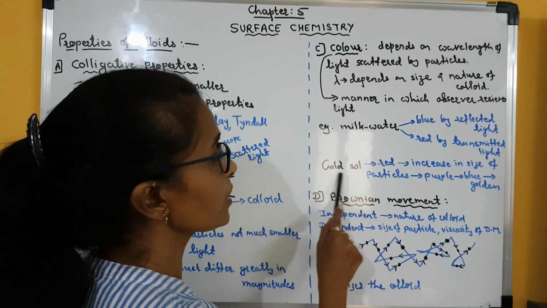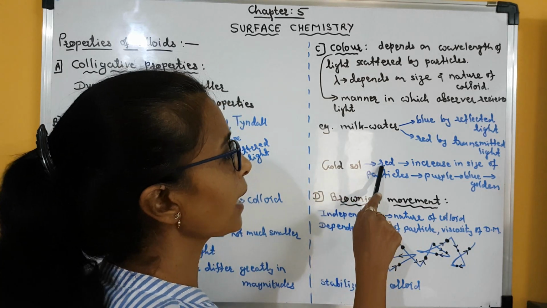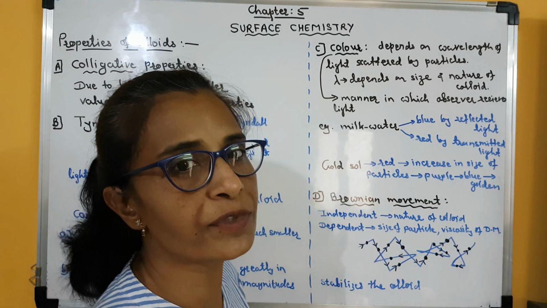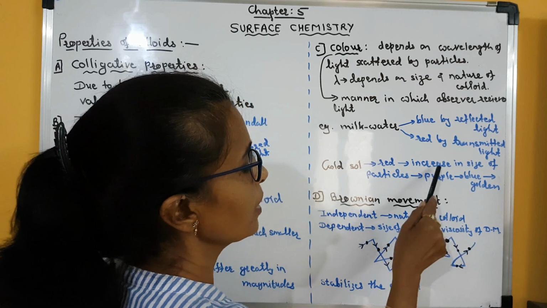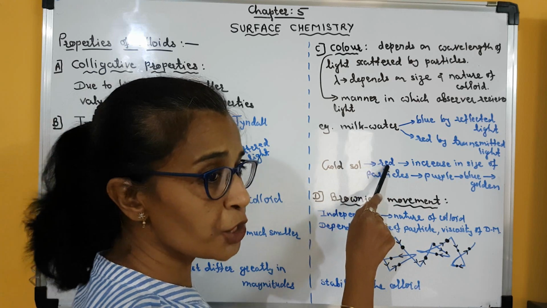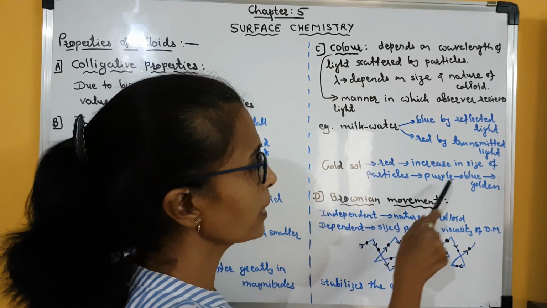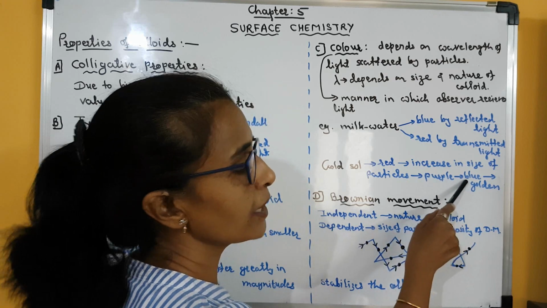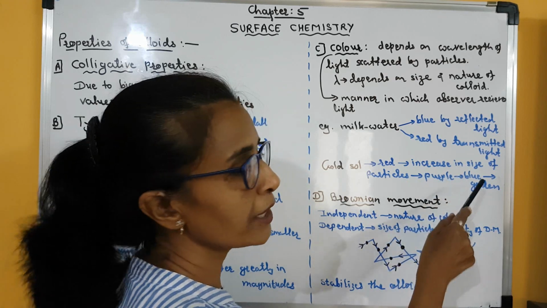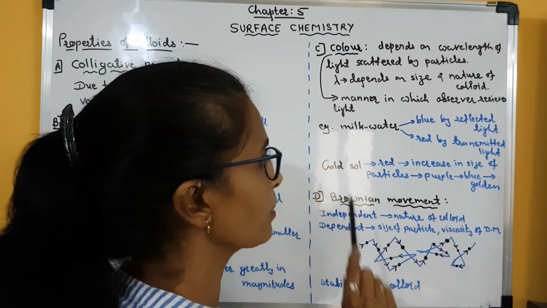So if the size of the gold sol particle increases, there will be a change in the color of the sol. For example, the gold sol, which initially appears red, will then appear purple, then blue, and finally it will appear golden. So it depends on the size of the particle also.